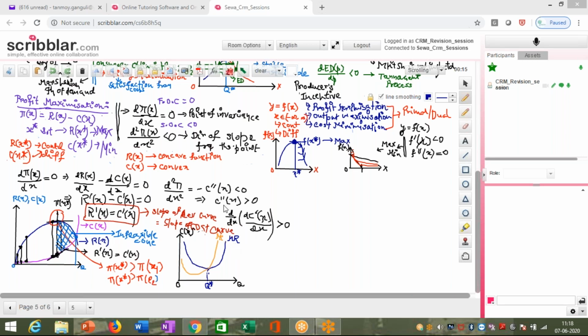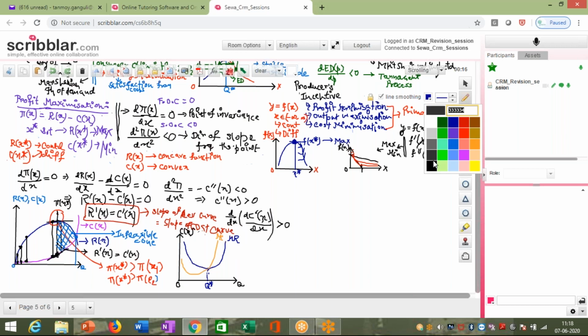Now, very quickly, let us look into the profit maximization exercise that we had created for the perfectly competitive market. So over here, profit is revenue R(x) minus the cost structure C(x).